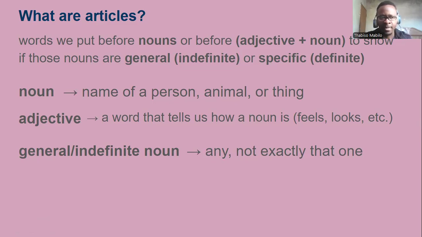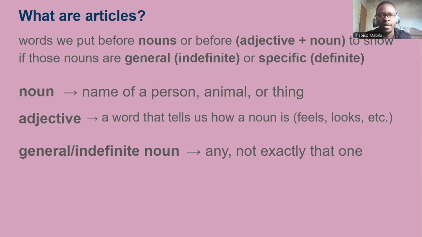If I say, give me a pen, I mean any pen, not exactly that one, but any. It could be a blue pen, a red pen, okay? A pen that is cylindrical shape, or it could be rectangular, right? It doesn't matter. What matters is that I want anything that is considered a pen.